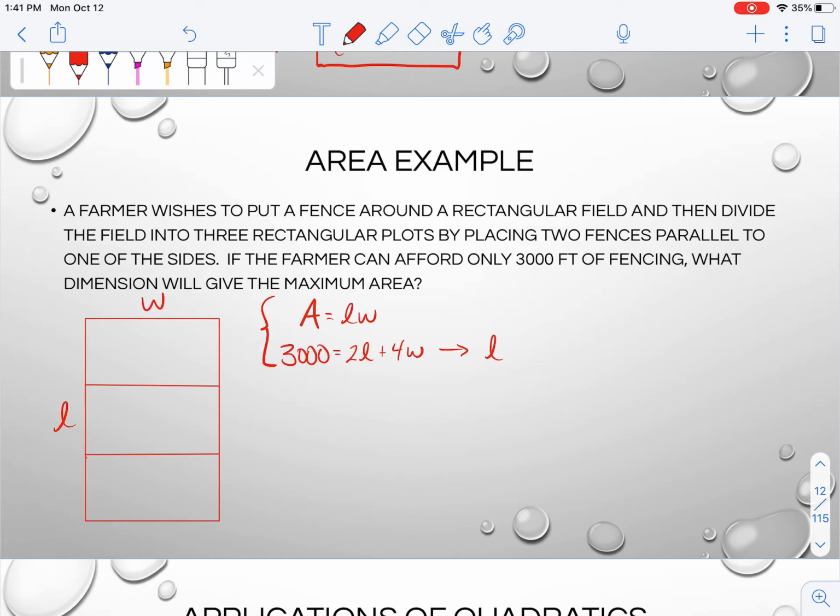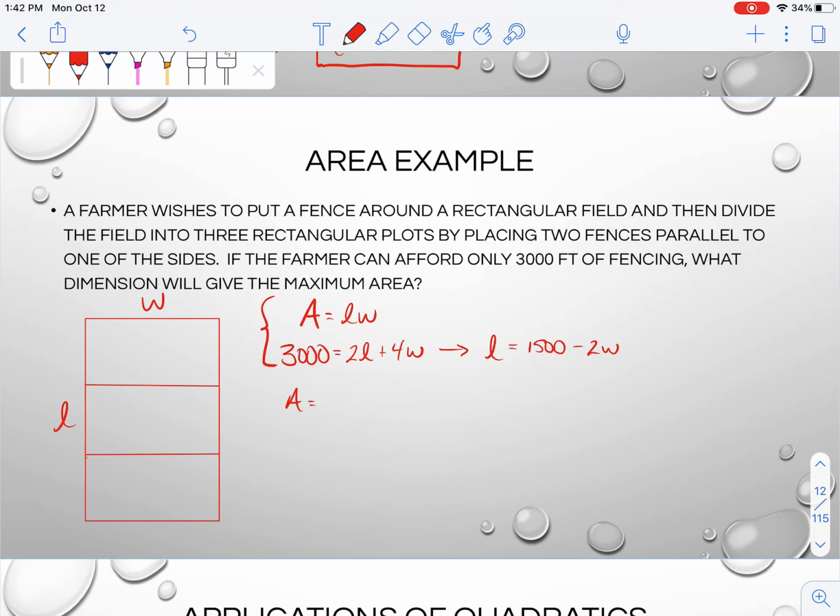So here I'm going to solve for L. L is going to be the simplest. When I solve for L, I'm going to have 1,500 minus 2W. I'm going to substitute that in, replacing L in my area equation, right?